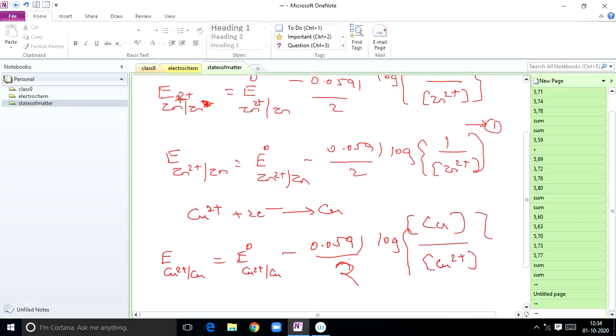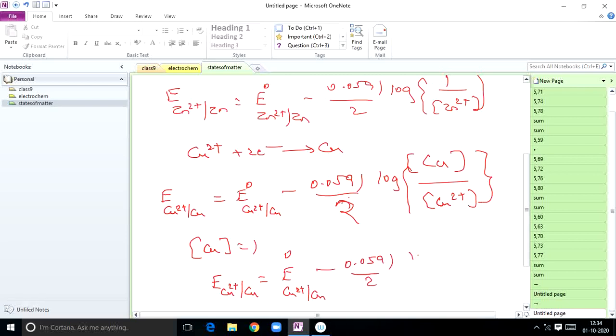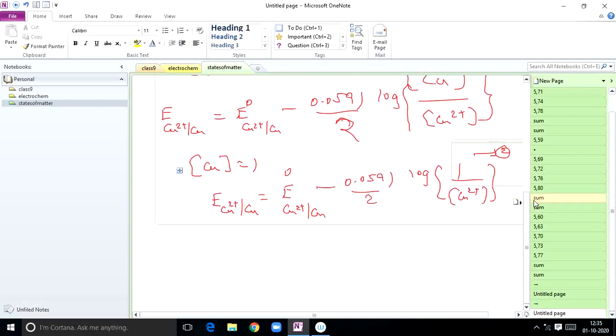You already know the concentration of copper in pure state is 1. So the equation becomes E Cu2+/Cu, the reduction potential of copper, is E naught Cu2+/Cu, the standard reduction potential, minus 0.0591 by 2 into log of 1 by concentration of Cu2+. Take this as equation 2. Okay students, sorry for the inconvenience.